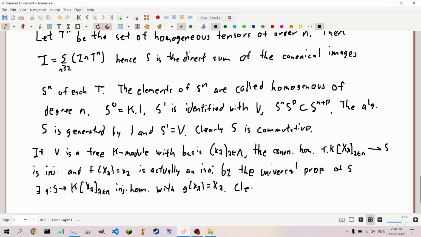And from this we clearly have that G is equal to F inverse, because keep in mind x lambda spans V.